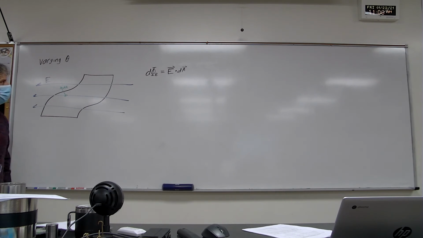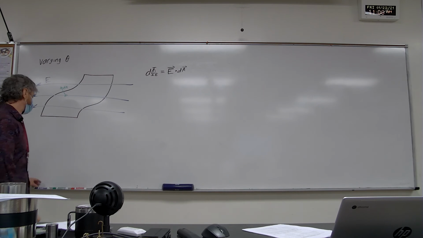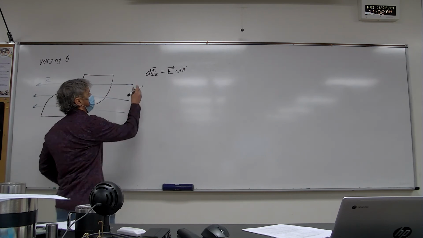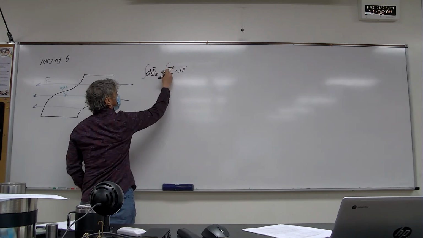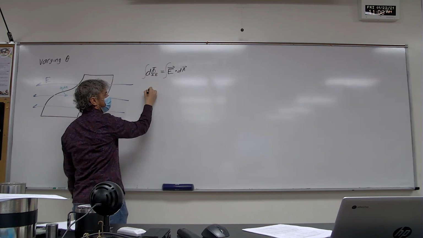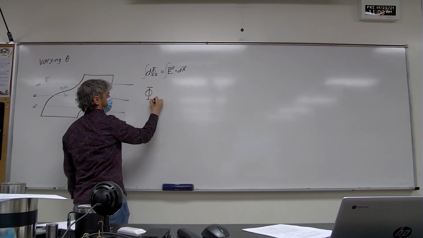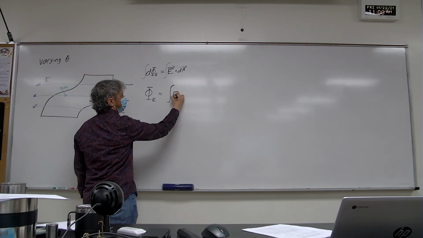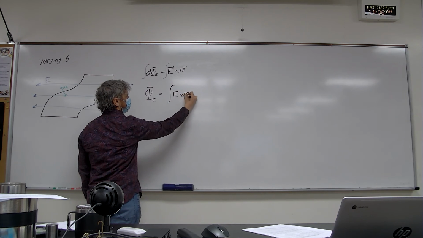Okay. And then if I want to determine the total flux through this sheet, I just integrate both sides. And so the integral of this is just going to give me the total electric flux. That's going to be the integral of E dot dA.